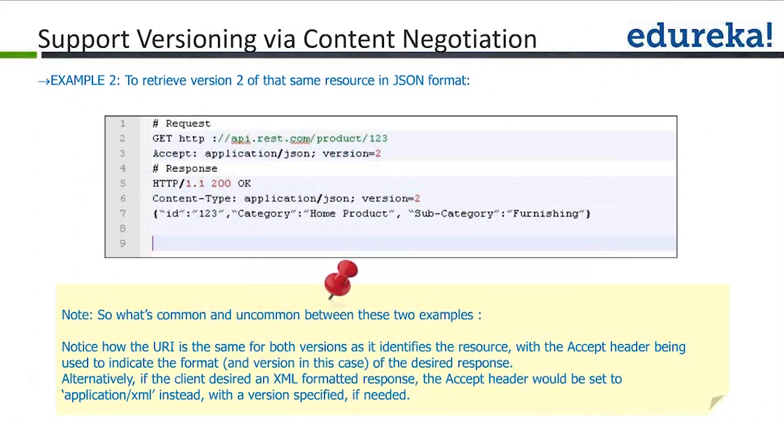But now the complication has increased to an extent that we have different data types as well. So the client will send what version it wants to invoke, and what media type it accepts as a response. So the example you see here is to retrieve version 2 of the same resource which we accessed in example 1, in a JSON format.